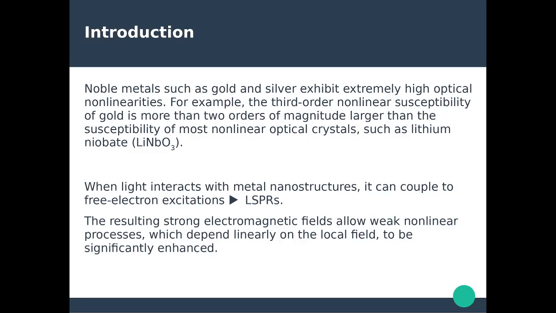As a result, because you excite those plasmons, you're going to generate very strong localized electromagnetic fields in the vicinity of the metallic nanostructure. And that allows you to really enhance very weak nonlinear processes, which is very dependent on how those fields are around the nanoparticles. So that's why plasmonic nanoparticles also exhibit very strong nonlinearities.